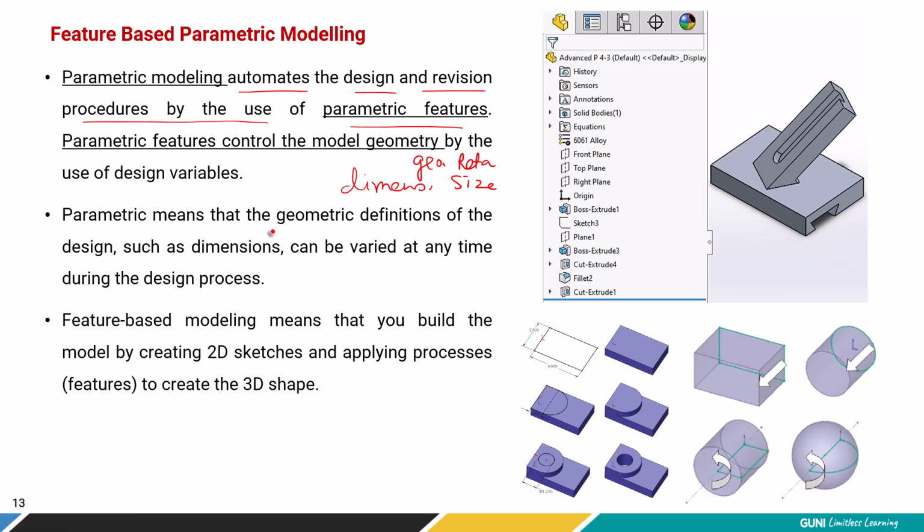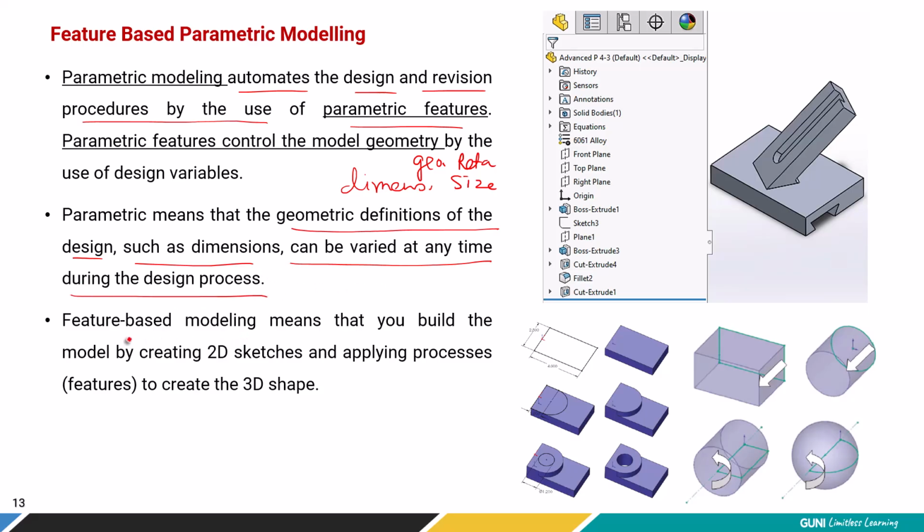So parametric means that the geometry definition of a design, such as dimensions, can be varied at any time. Earlier we have seen that I changed the dimension from 100 to 80, 80 to 150, and the model updates accordingly and our design intent is achieved. So it is allowed to change during the design process.